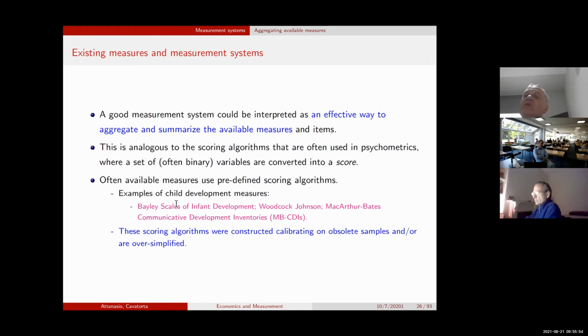And so if you use the scoring algorithm that comes with the Woodcock-Johnson test or the Bayley Scales of Infant Development, which are the standard tests that people use in publications and that have been recognized by the profession, effectively you're saying that the measurement system that these psychometricians used in Florida in the 70s is the same as the measurement system that is relevant for the children in Tanzania today.